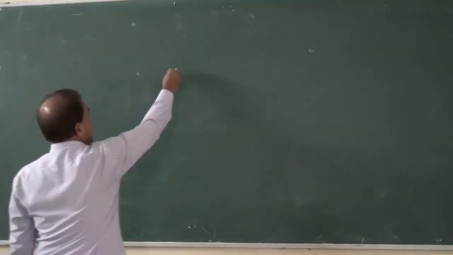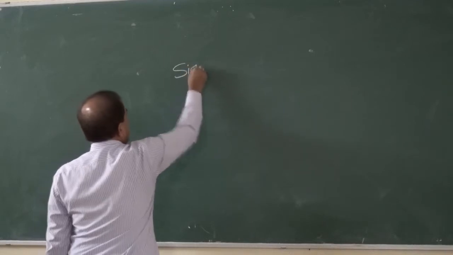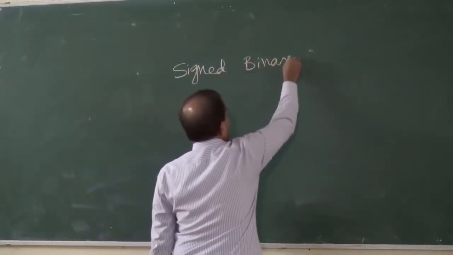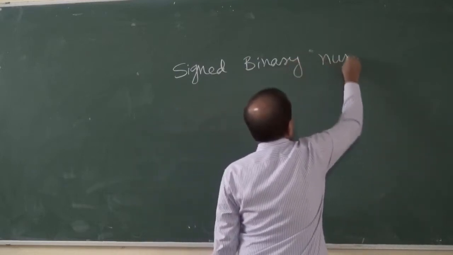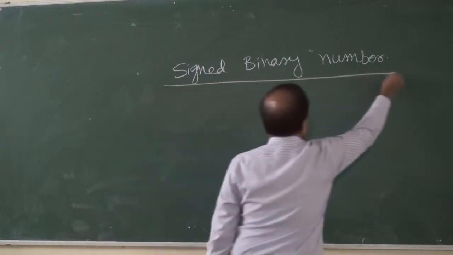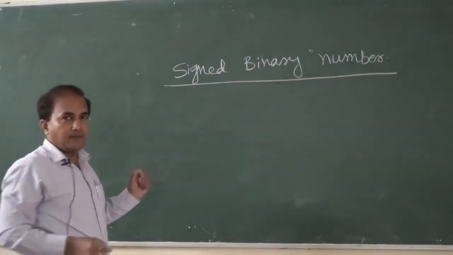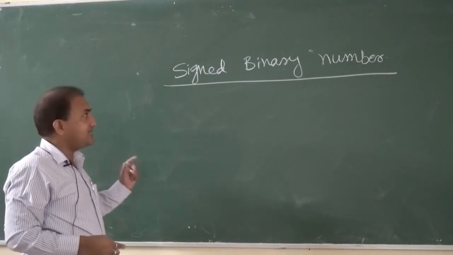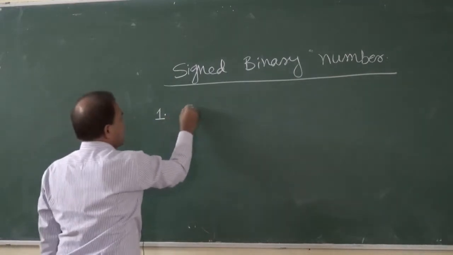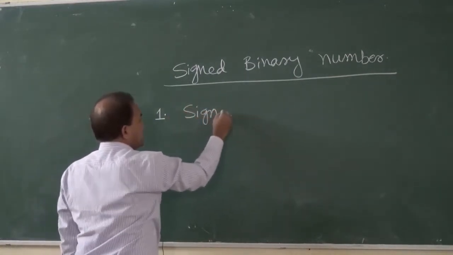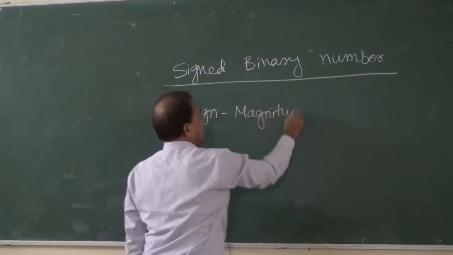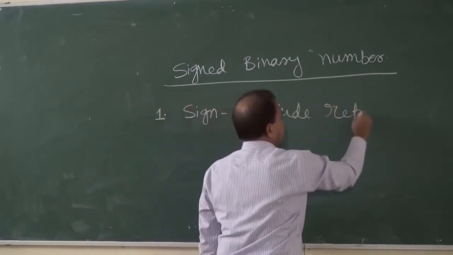Now we have to see about signed binary number. Signed binary number, how you can represent any signed binary number? So the first method is by using sign magnitude representation.